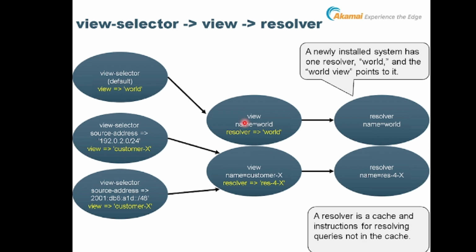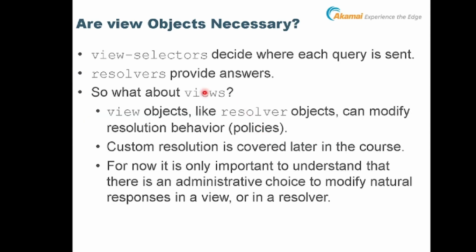Well, why don't we just have a view selector that just goes right to a resolver? And the reason for that is that the view can have a policy on it. So the view can be specific to an individual customer.